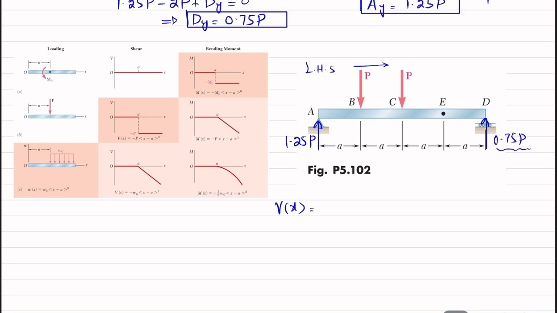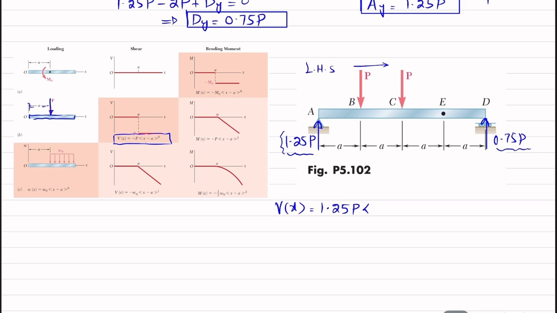So V of X. Starting with the first, 1.25. You can see this is the load shown on the beam, and that is starting at a distance of A. So its shear force equation is this one, minus P. Here the load is upward, so I will write this load 1.25 because it is upward, it will be taken as positive: 1.25 into x minus a.